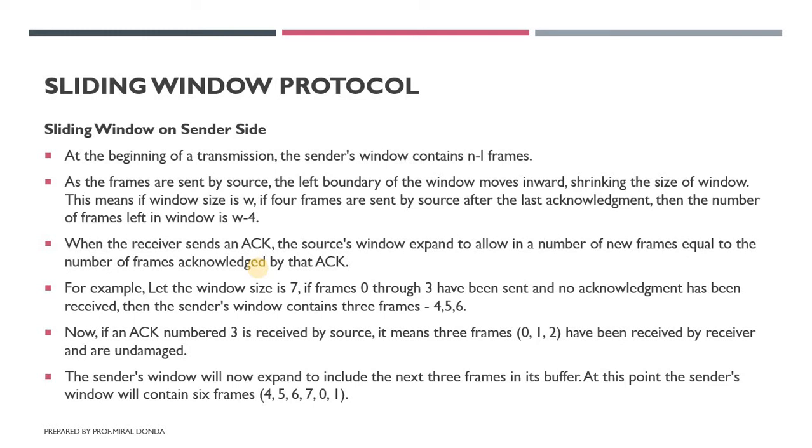When the receiver sends an acknowledgement, the source window expands to allow new frames equal to the number of frames acknowledged by the acknowledgement. Suppose the sender has 7 data frames, and from that he sent 4, so the remaining is 3.